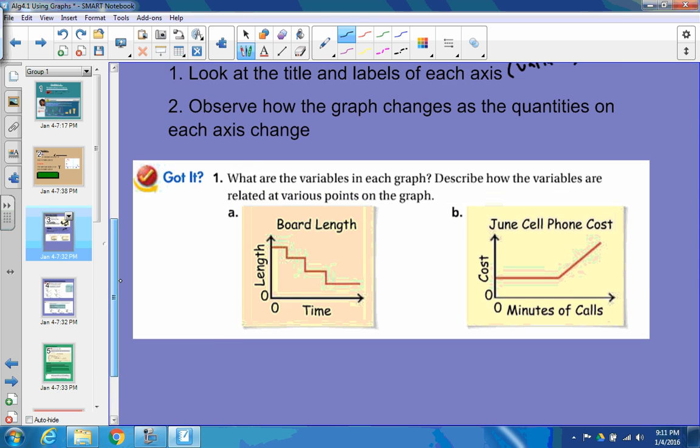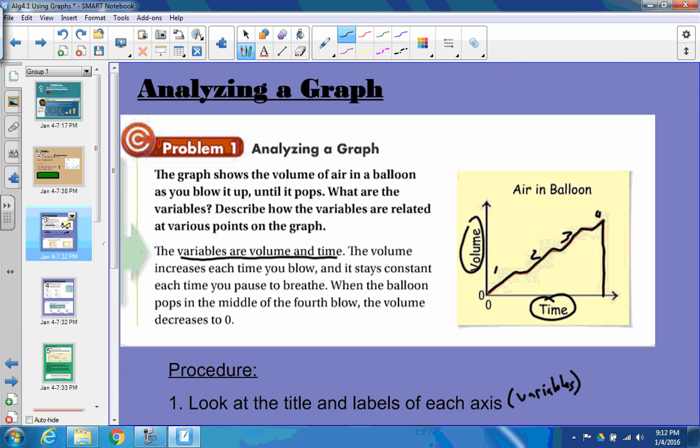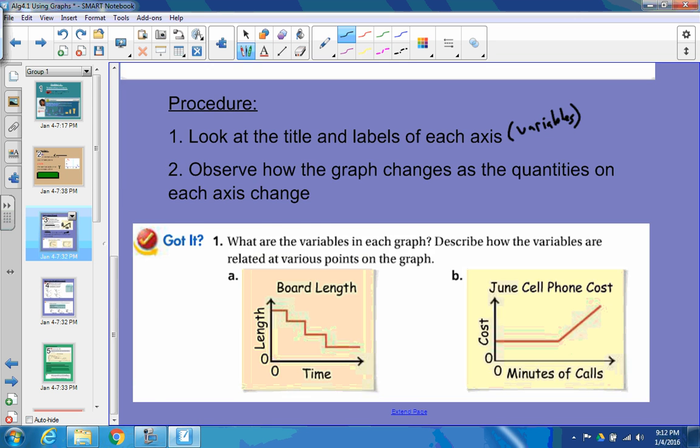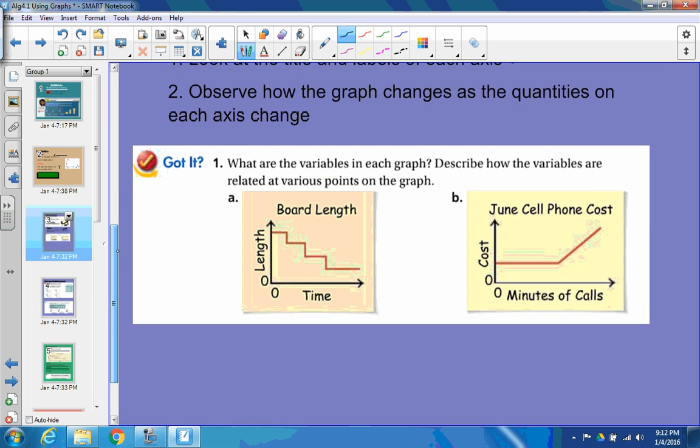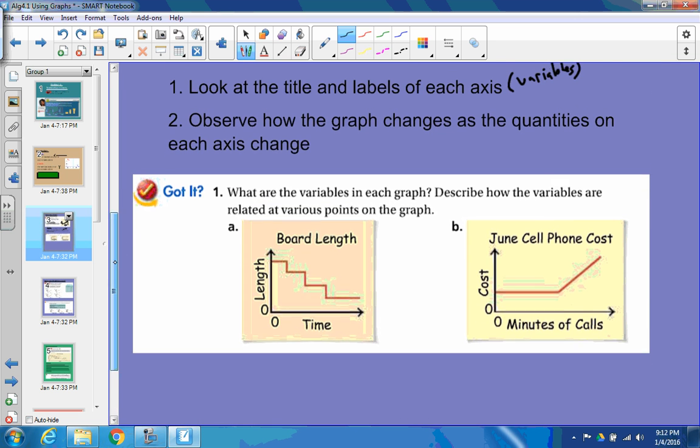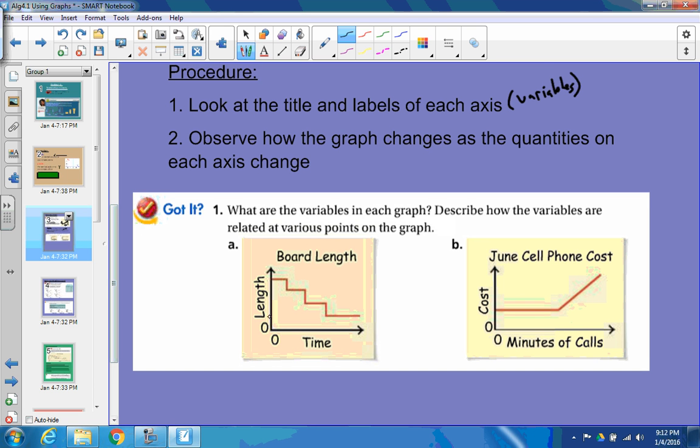The first one says we're dealing with board length, so whatever kind of board we're dealing with, the length of the board over time. So our variables are time and length, the length of the board.